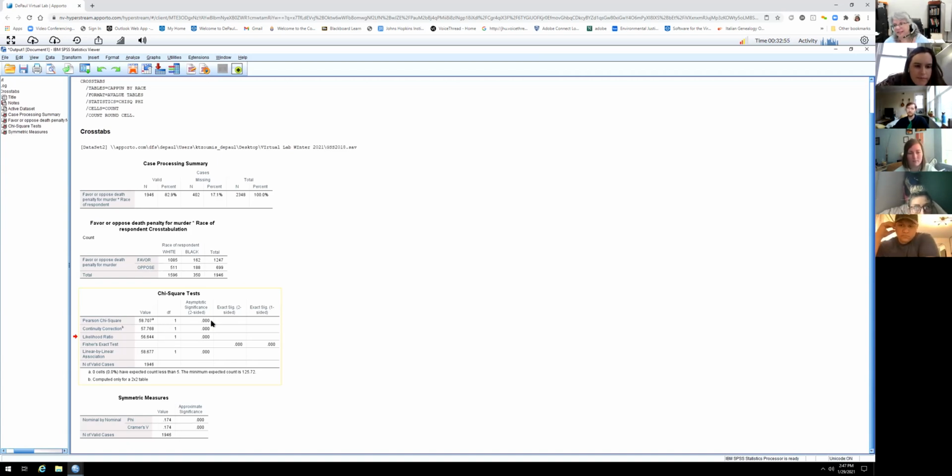So here's how you write the sentence. In comparing people, there is a statistically significant relationship between race and view on the death penalty, open parenthesis, chi-square equals 58.707, comma, and some people put in the DF.